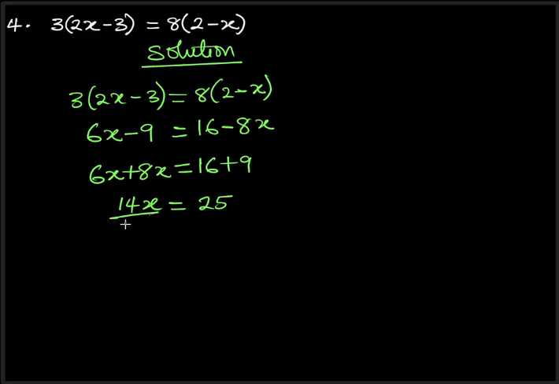And then we divide both sides by 14. So x is equal to one whole number, 11 over 14. So that is what we have as our answer.